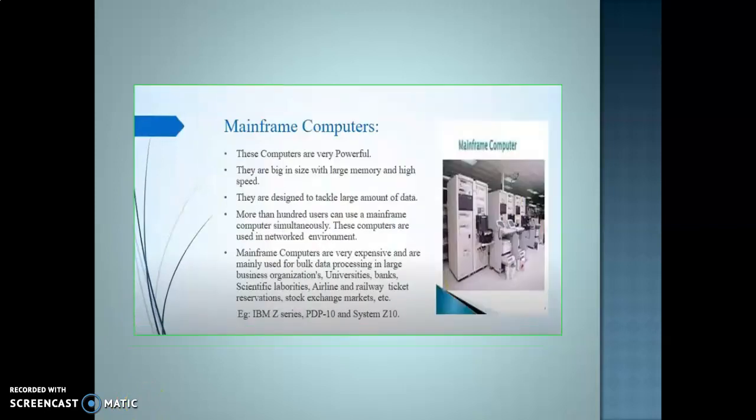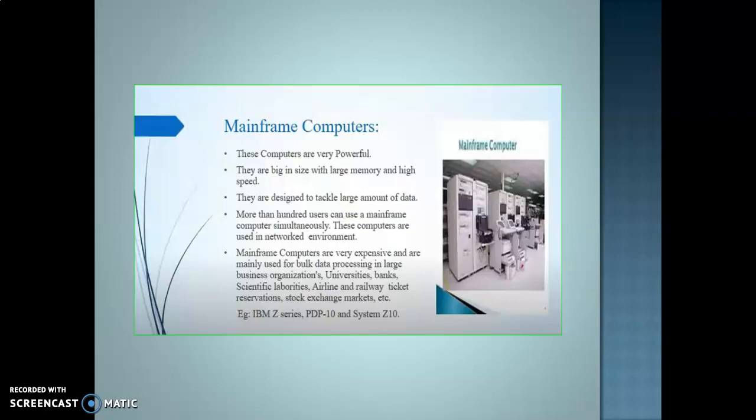Mainframe computers. These computers are very powerful computers. They are big in size with large memory and high speed. They are designed to tackle large amount of data. More than 100 users can use mainframe computers simultaneously. These computers are used in networked environment.